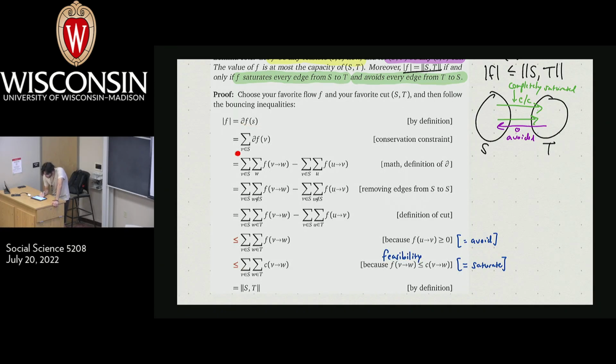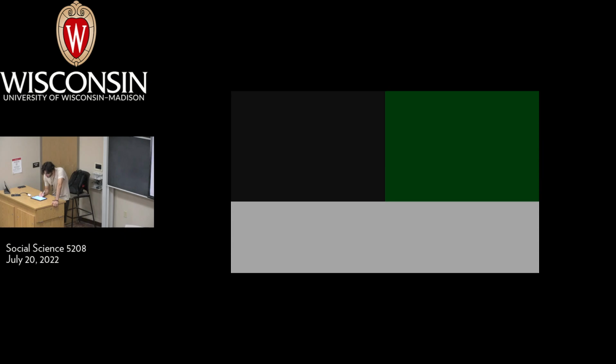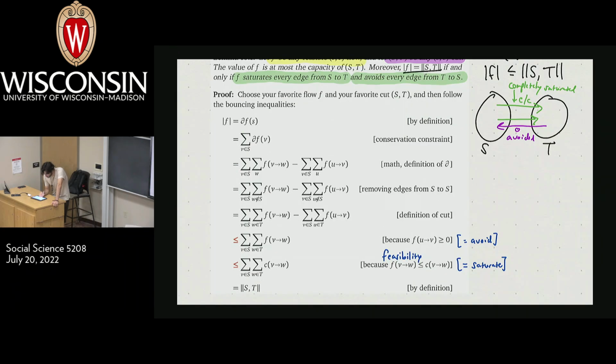And that's also equal to the sum of all the net flows for every vertex in S. So why is that? Well, notice that the net flow leaving V is 0 for any V that isn't S or T, because conservation holds. All the flow going in equals the flow going out, so the net total leaving is 0.